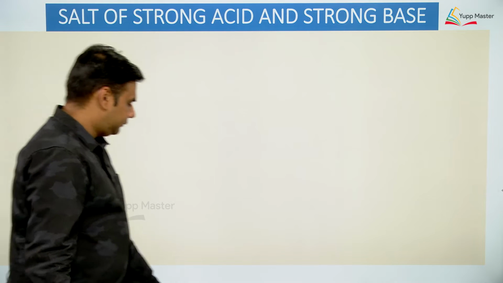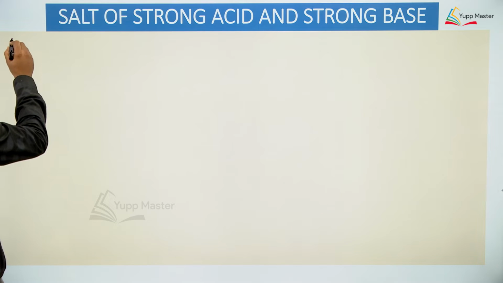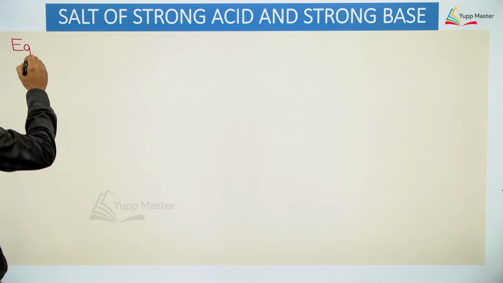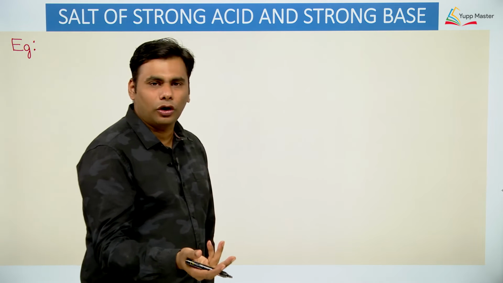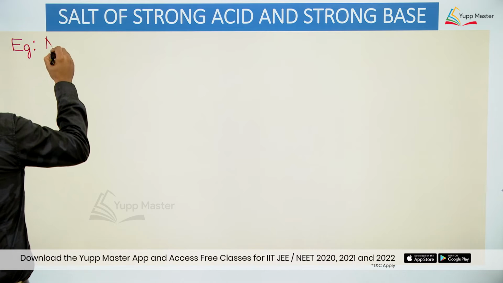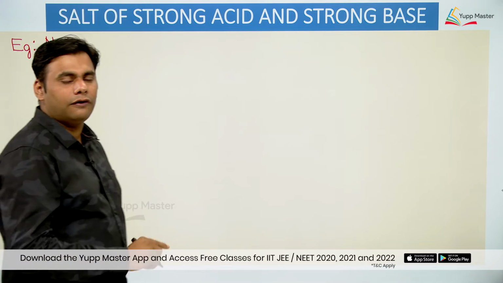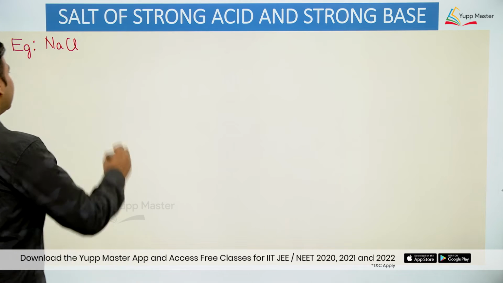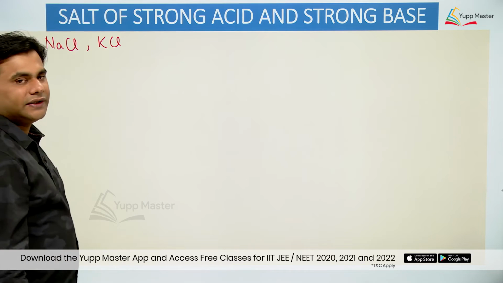So let's start with the first case, that is salt of strong acid and strong base. Now we know that strong acid is HCl, strong base is NaOH, KOH. So we will form NaCl, this is a salt of NaOH and HCl, so this is a salt of strong acid and strong base. Similarly, KCl, this is a salt of KOH and HCl.